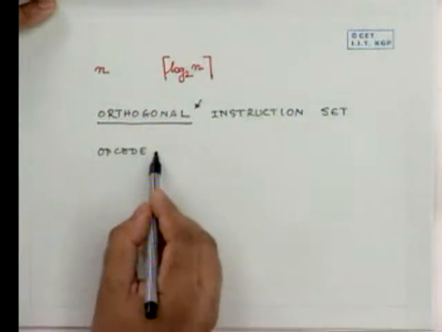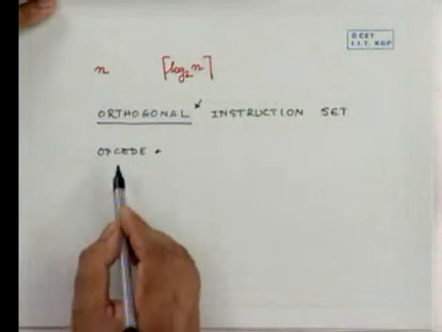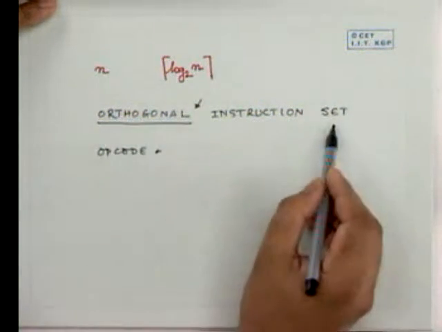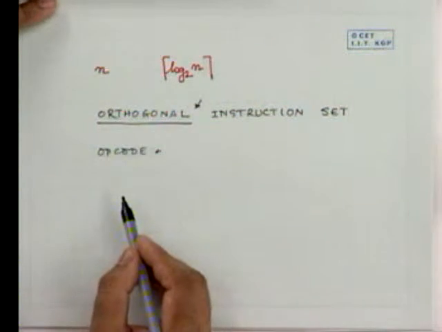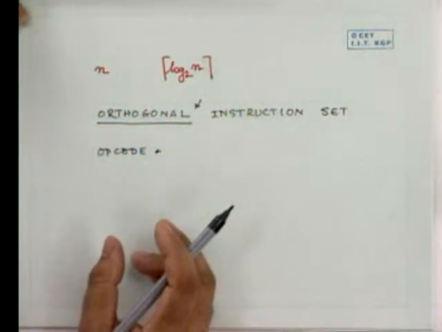Another important factor in the length of the opcode and the length of the instruction is the word size. We know that the minimum addressable unit of the computer is the byte. Now, 2 or say 4 bytes are taken together to form a word.